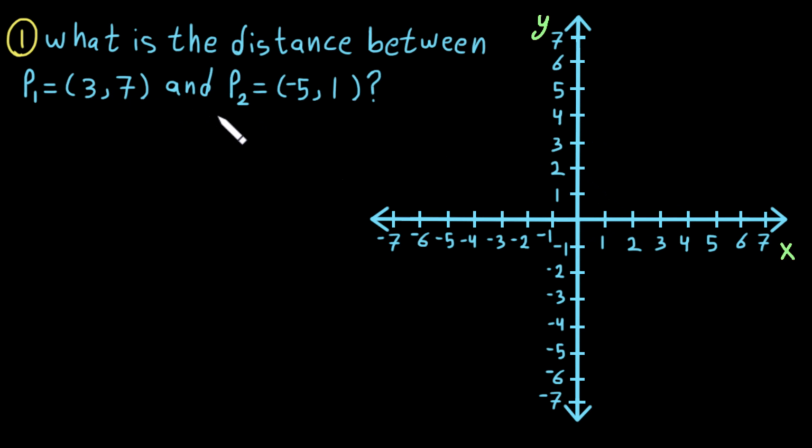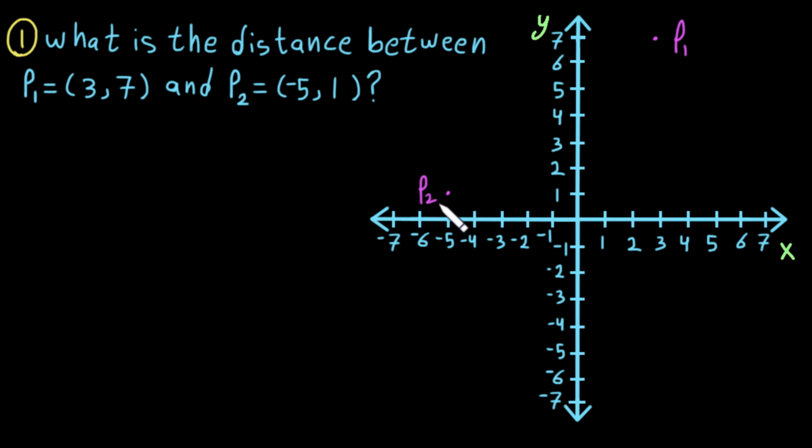Here, 3, then 7, which is here. This one is P1. The second point is negative 5, 1. On the left, negative 5, then up 1, which is here, which is P2.